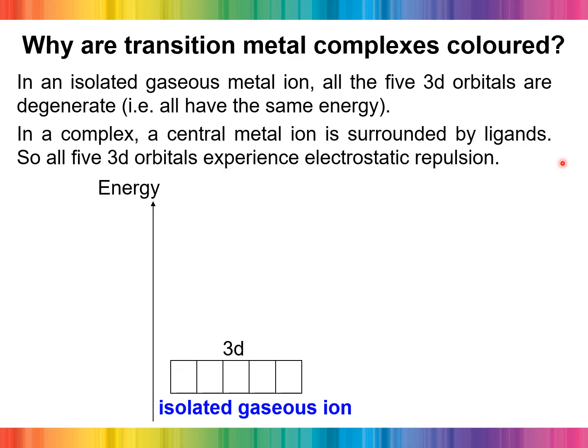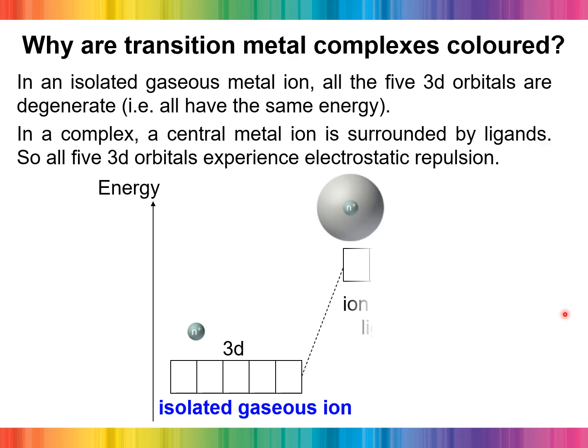Then in a complex, a central metal ion is surrounded by ligands. So this is a central metal ion, by the way. When it's surrounded by ligands, as you know from the previous part, each ligand has at least one lone pair to form a dative bond to here. So you need to have empty orbitals here. The 5 3d orbitals will experience electrostatic repulsion from the lone pairs of the ligands.